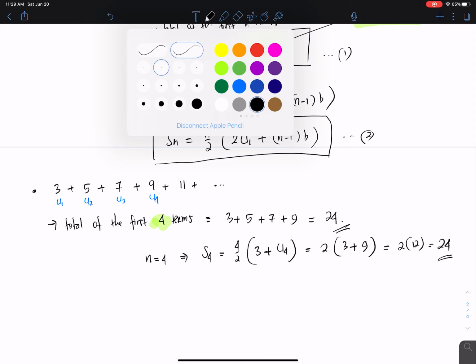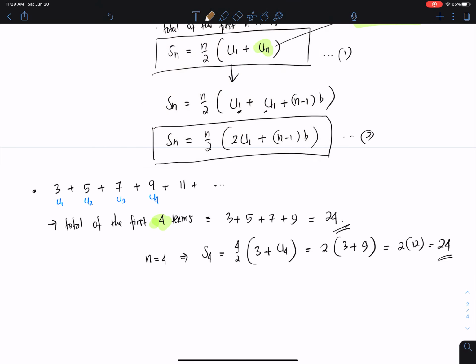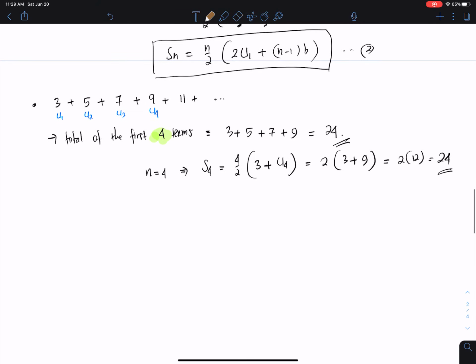Also, we can try to make use of the second formula. Either one, we can try it. With the second formula, that will give us S4 equals n over 2, it's 4 over 2, times 2U1, which is 2 times 3, plus n minus 1, that will give us 4 minus 1, times d.